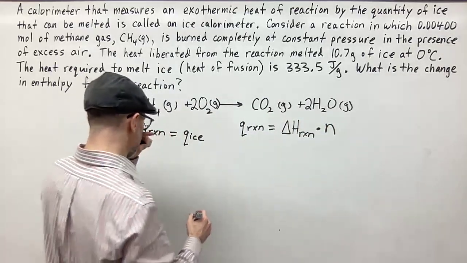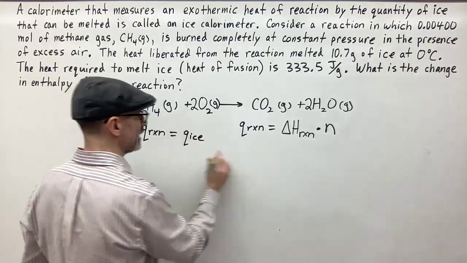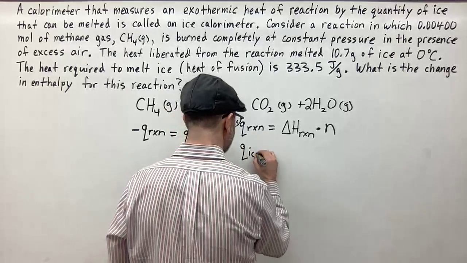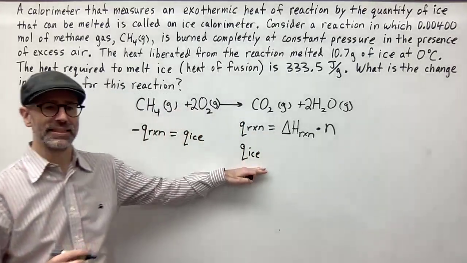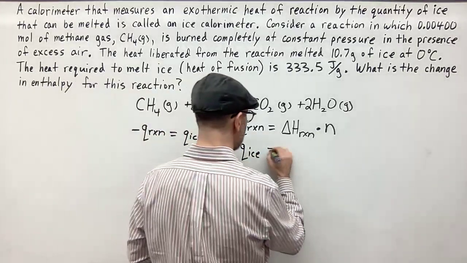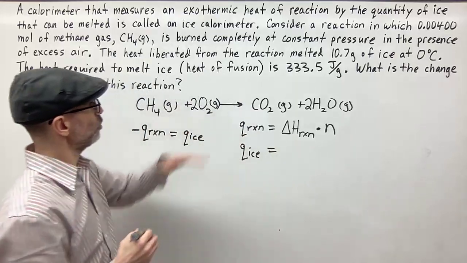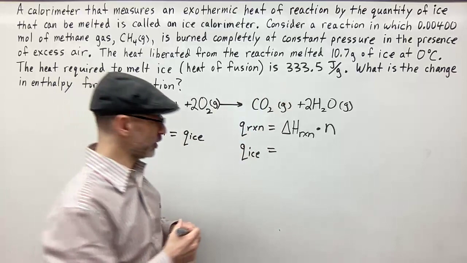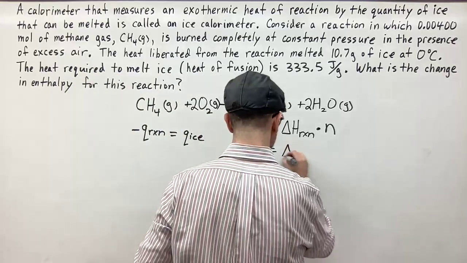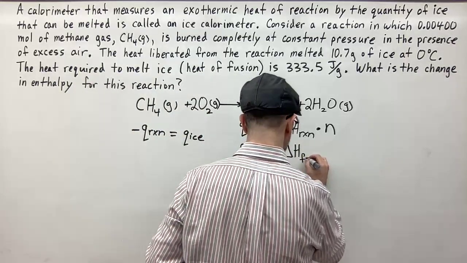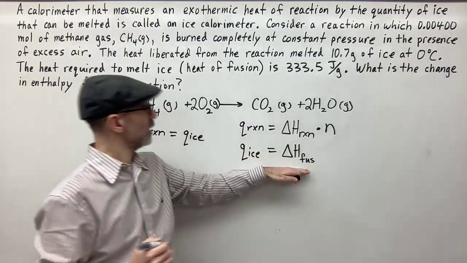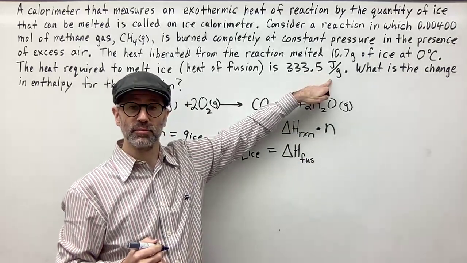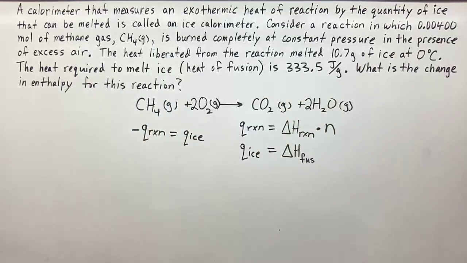Okay, next, Q of the ice. What's Q of the ice? Q of the ice is the heat that's absorbed by the ice. So what is that going to be equal to? That's going to be equal to the heat of fusion, which is the delta H of fusion. Notice that this is kilojoules per gram, right? Let me double check that.